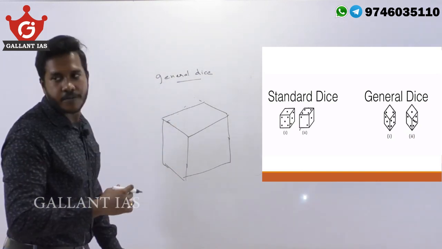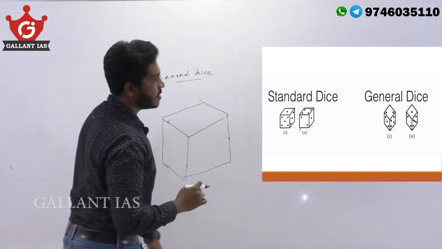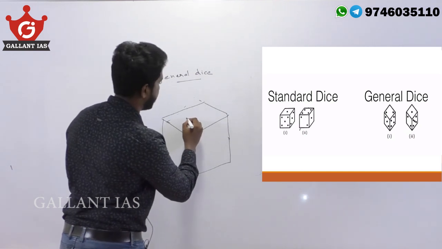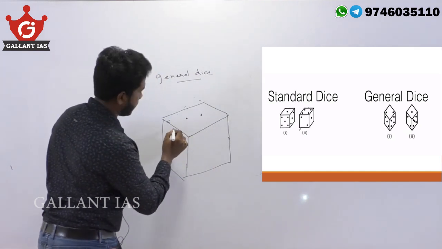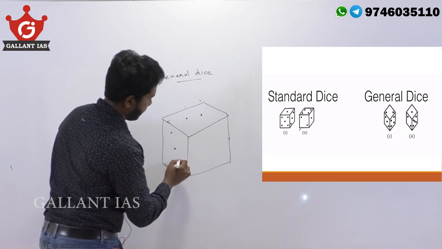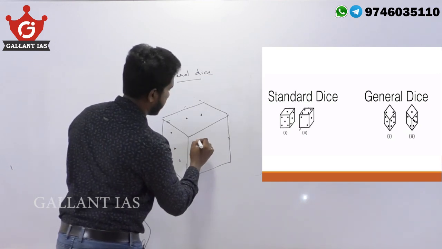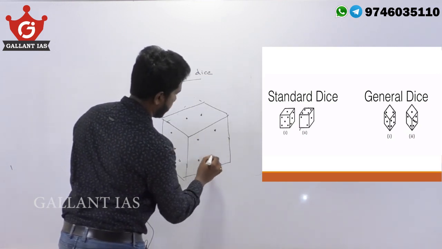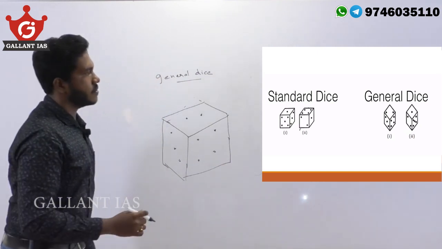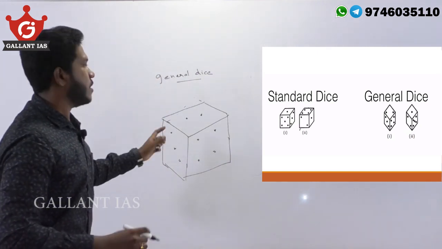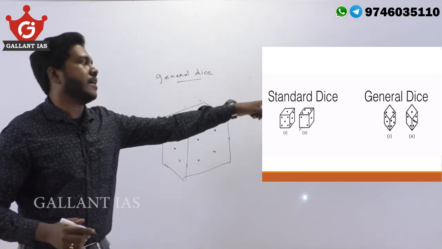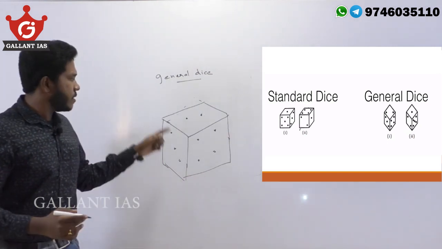Please consider it as a cube. One, two, three, four. I have redrawn the example of general dice over here. So look at this picture.